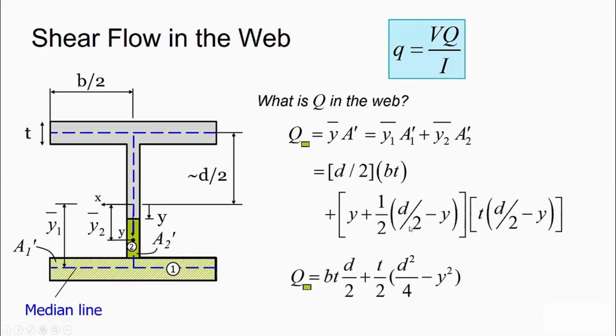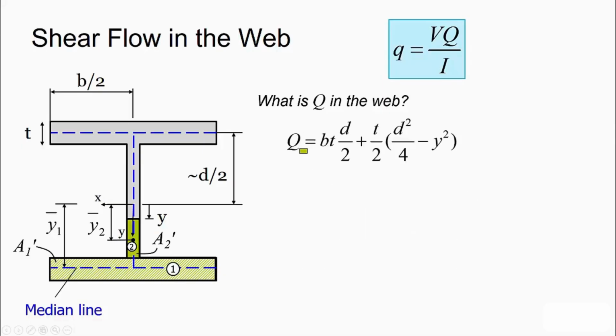If we combine that and simplify it, we can factor out the thickness and multiply through and get the following expression. Now what we need to do is substitute this expression that we've established for Q of this compound area into our shear formula. If we do that, we again get that V and I are constant.